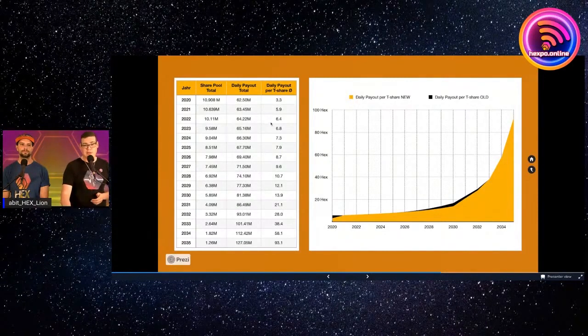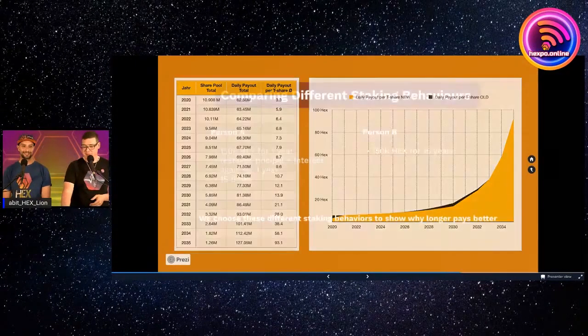And from the following years onwards, we just have the expected daily payout per T-share as of the 31st of the year. And yeah, that's our data points here.